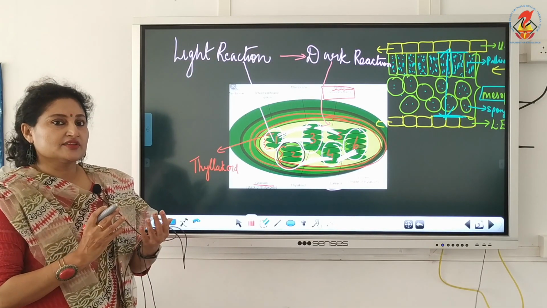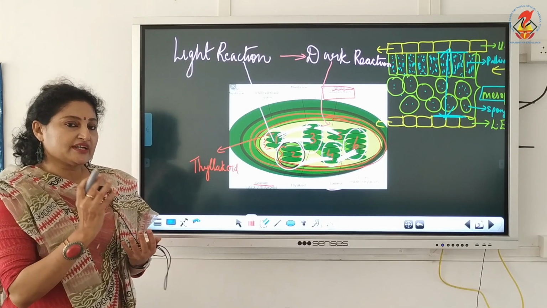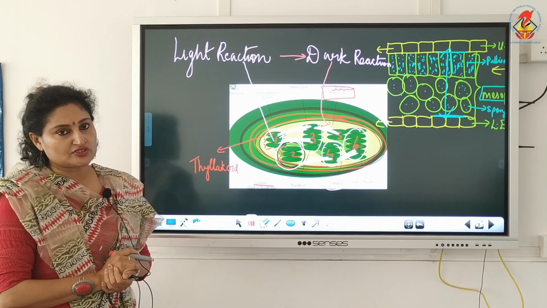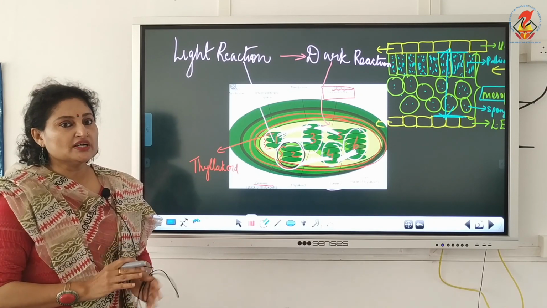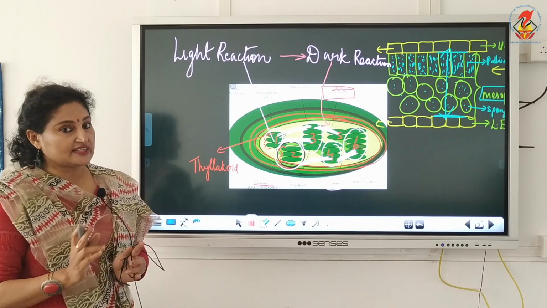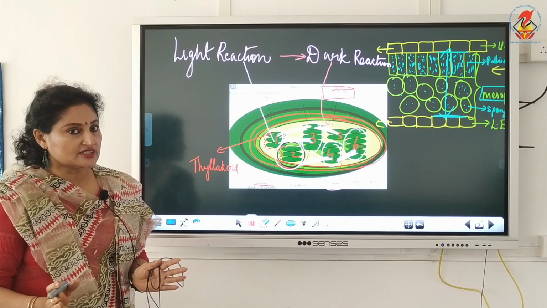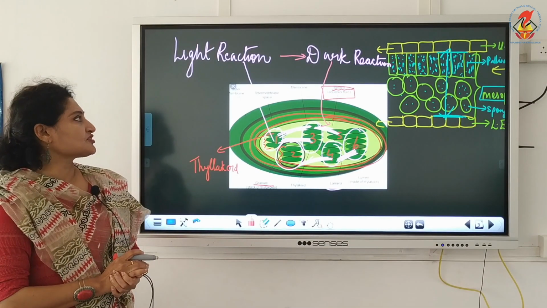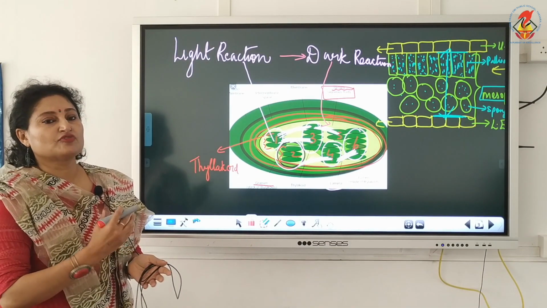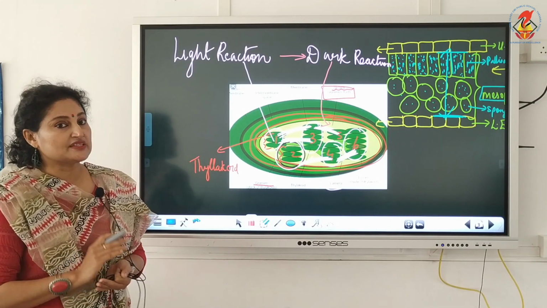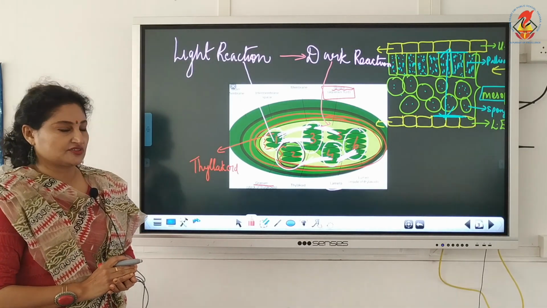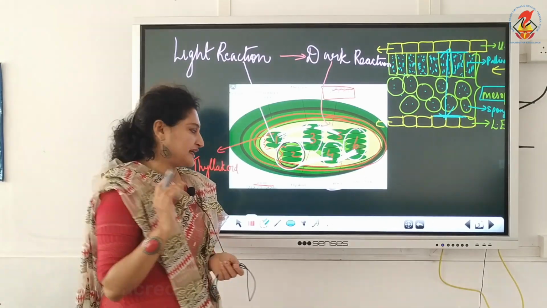So for that they gave the accurate name for light. It occurs in the presence of light or it is light driven, but dark reaction is a misnomer. It does not occur in darkness. Very clearly I am saying it does not occur in darkness or in the absence of light. It is given because it follows the light reaction, and not only that, the dark reaction depends on the products of light reaction. So that you should bear in mind.